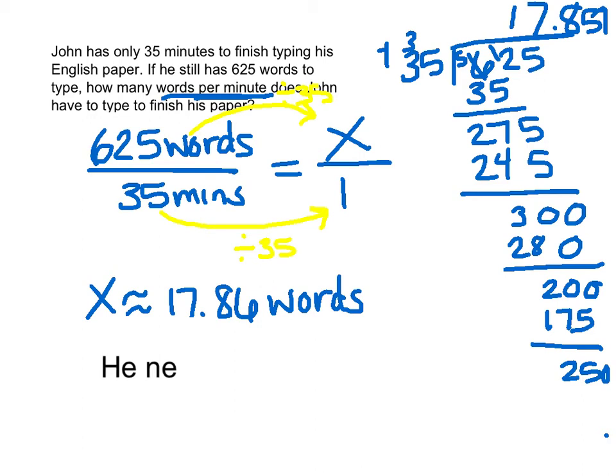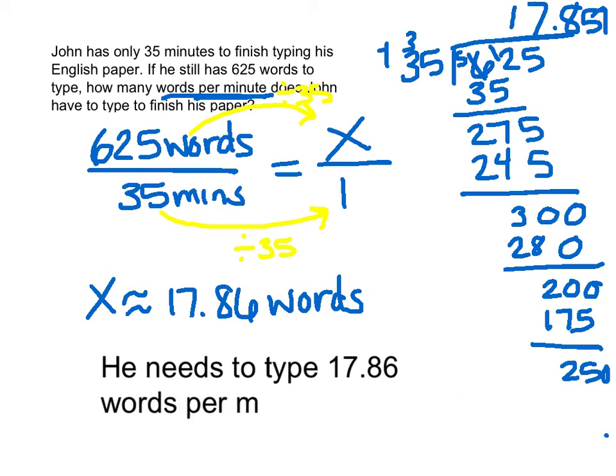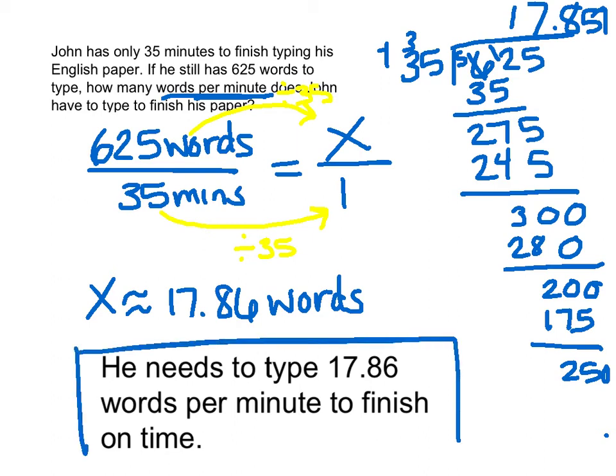So he needs to type 17.86 words per minute to finish on time. Done. And that's what we box for our final answer. Okay, and so you have to show all your work and you have to box it.